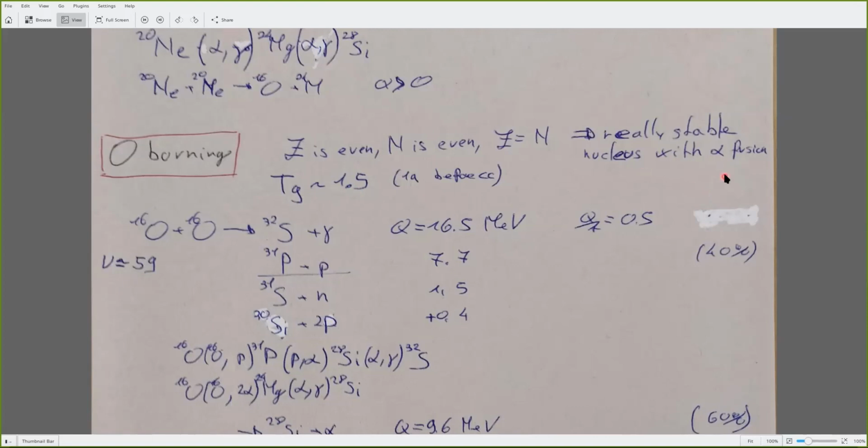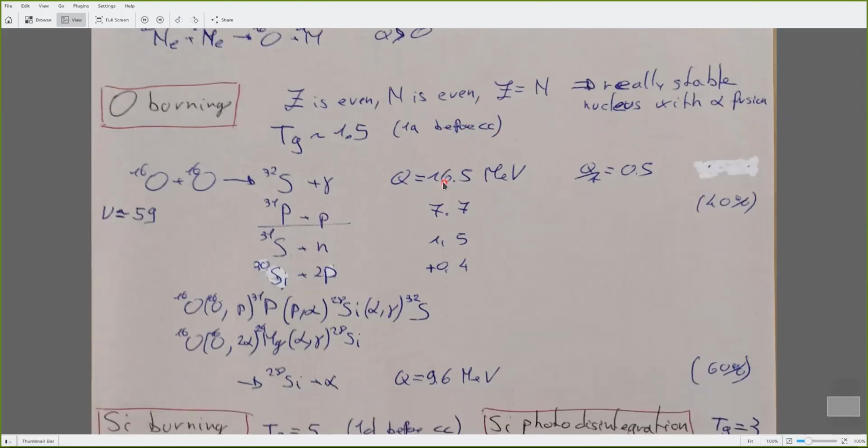The nucleus doesn't accept really easily another alpha or the fusion among them, so you need higher temperature. You see, less than 1 year before the core collapse. The dependence on temperature is terribly high, the coefficient is 59.